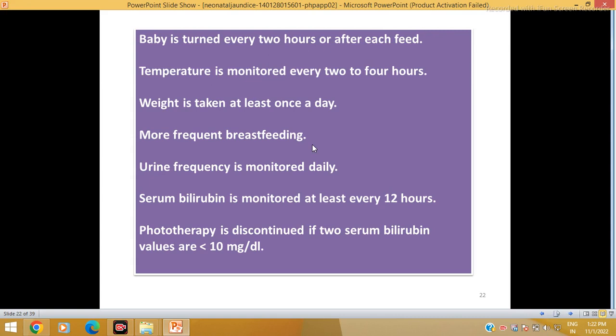Urine frequency is monitored daily, because with that also we can identify whether the jaundice is resolving or not. Serum bilirubin is monitored at least every 12 hours. Phototherapy is discontinued if two serum bilirubin values are less than 10 mg per dl.